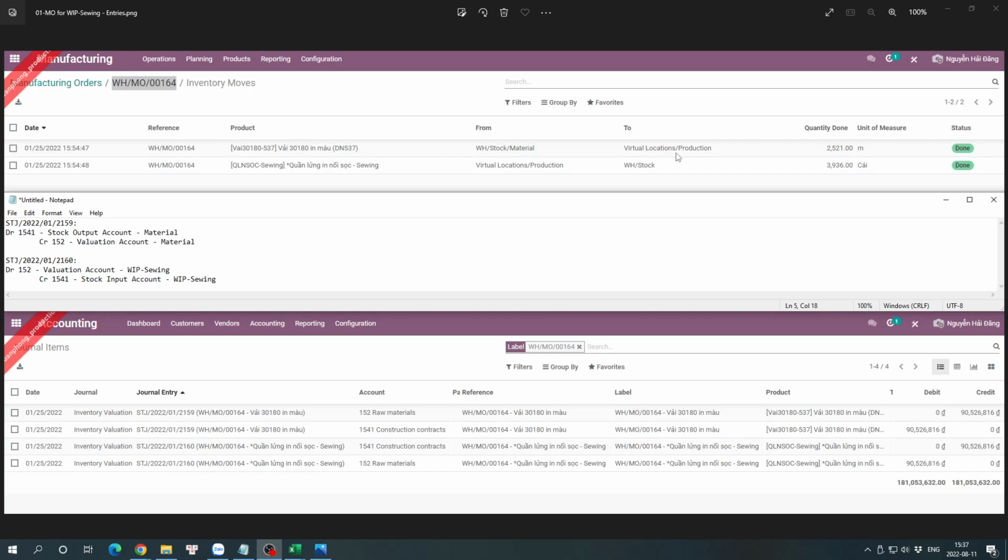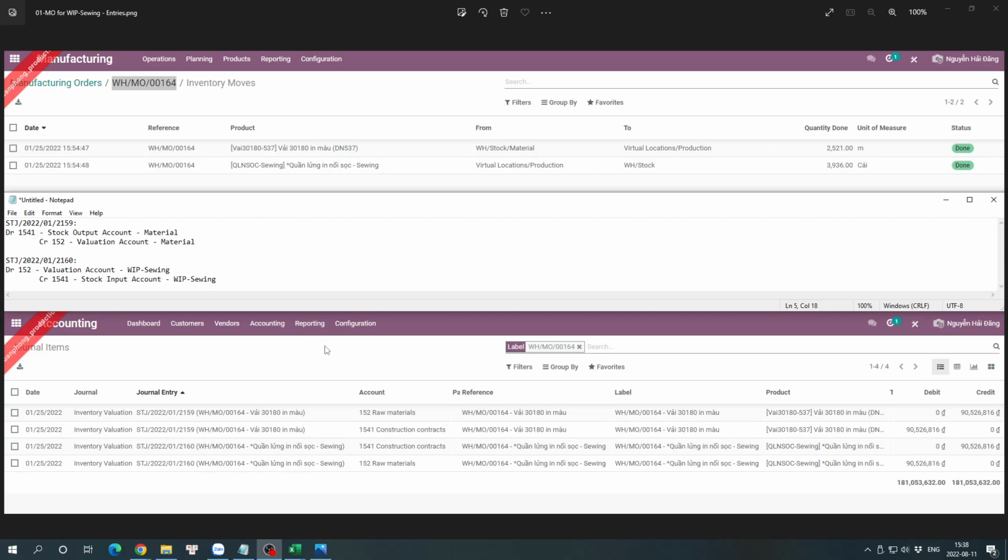Think of this as the black hole of the universe. It evaporates, is consumed, is gone. Another thing happened. This inventory move, that is the output from this production stage, work in progress ready for sewing, appeared out of nowhere from the black hole of the universe and it goes into stock. That's in terms of inventory move.